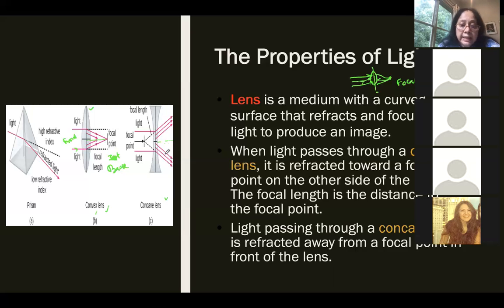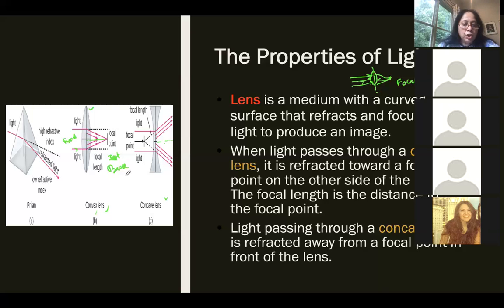In that case, if we draw an imaginary line by tracing all the movements of the light rays, we see that all the light rays merge at the focal point, which falls on the front side of the lens.